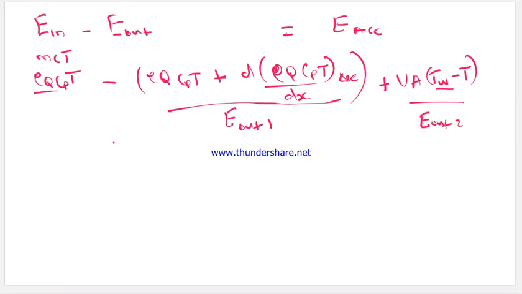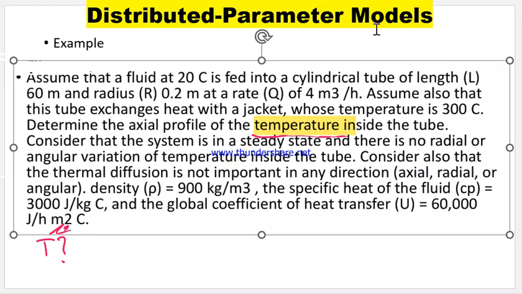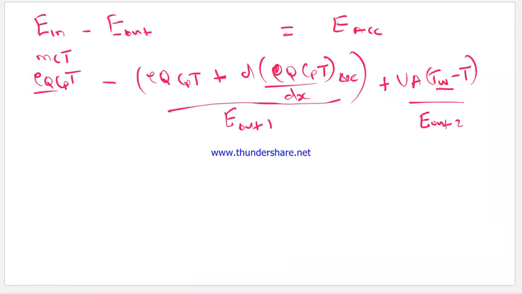This is equal to E accumulation. Accumulation is equal to 0, because we are told that we should work at steady state. Remember, we are told to consider that the system is in a steady state. So therefore, our accumulation term is equal to 0, and everything equals 0.